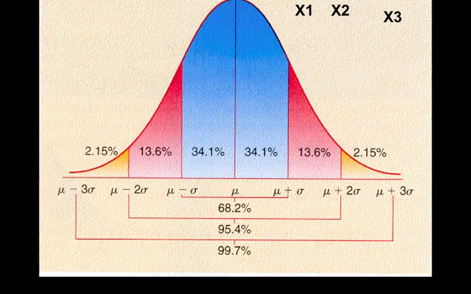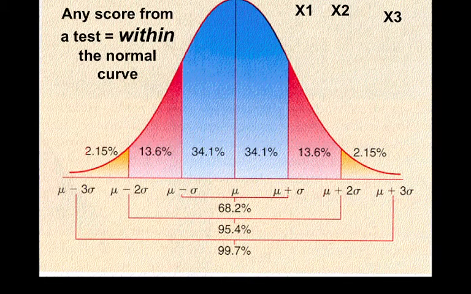Now, the first thing you need to know about normal curve is any score that we get from a test, I'm talking about the raw score, makikita yung mga scores na yon anywhere within the area of the normal curve. So imagine those three x's are all raw scores. So that raw score, that x1 raw score can be found in that area of the curve.